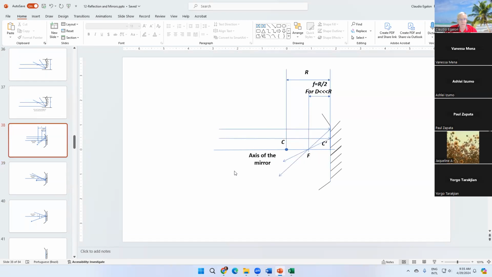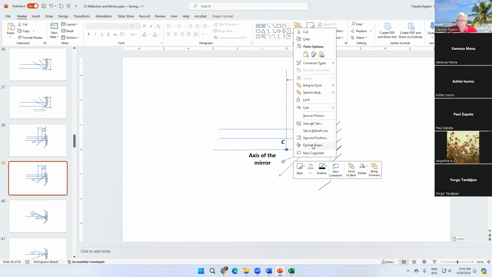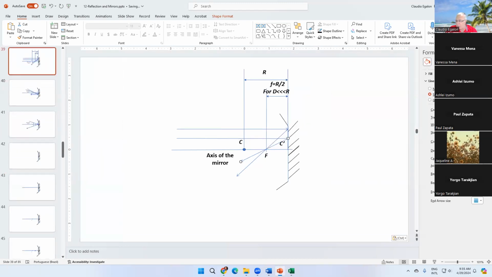If you trace it back, all I have to do here is change the direction of this light ray. Format shape. This one and this one.